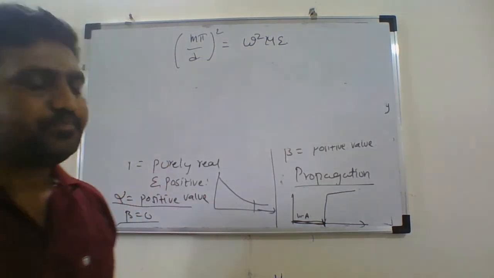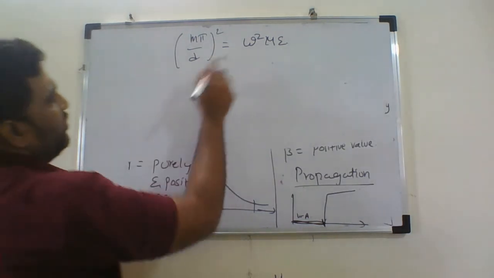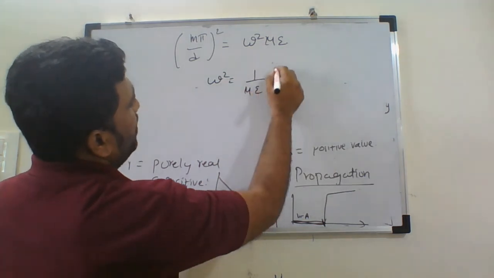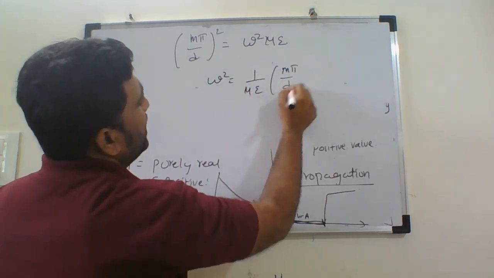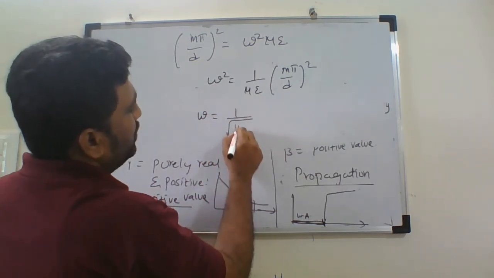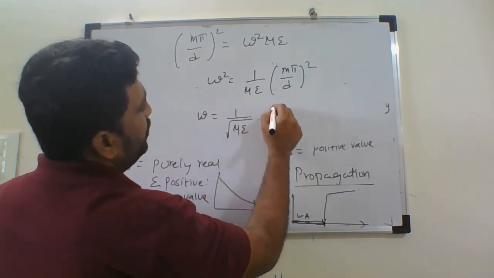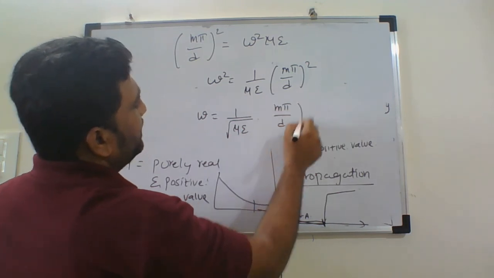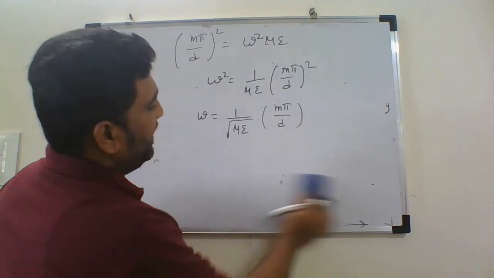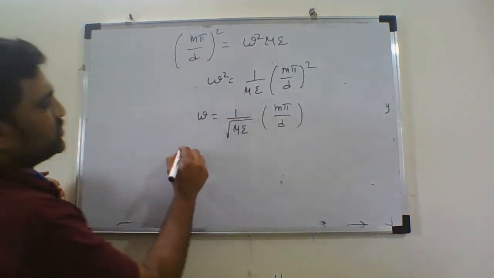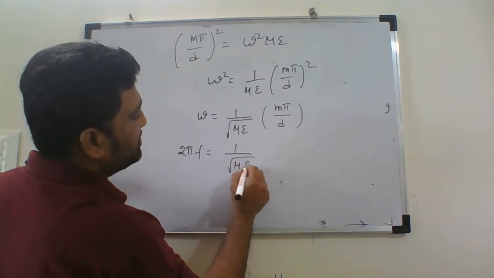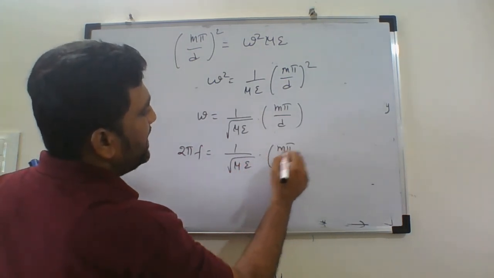From this equation, I can write omega square is equal to 1 by mu epsilon into (m pi by d) whole square, or omega is equal to 1 by root mu epsilon into m pi by d. Because we can write omega as 2 pi f, 2 pi f is equal to 1 by root mu epsilon into m pi by d.